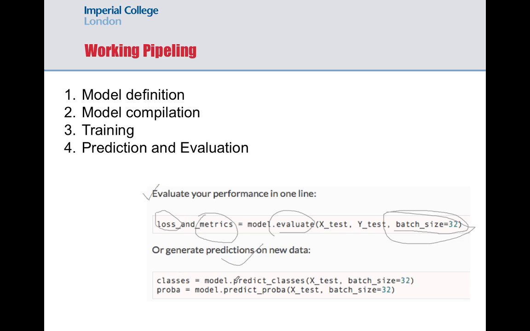You can always use just predict classes, input the test data, the test point, and it will predict the classes with a probability distribution over all possible classes. Okay, I think that's all for the pipeline.